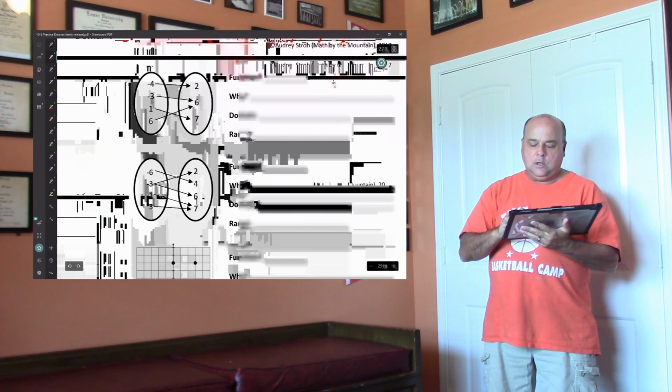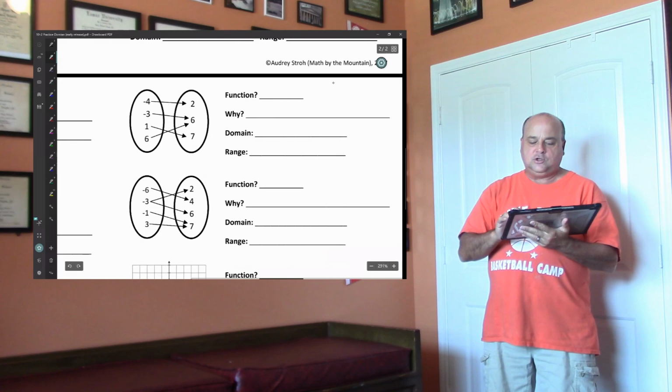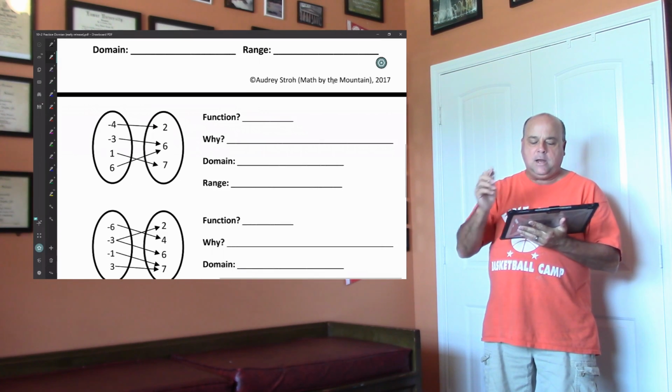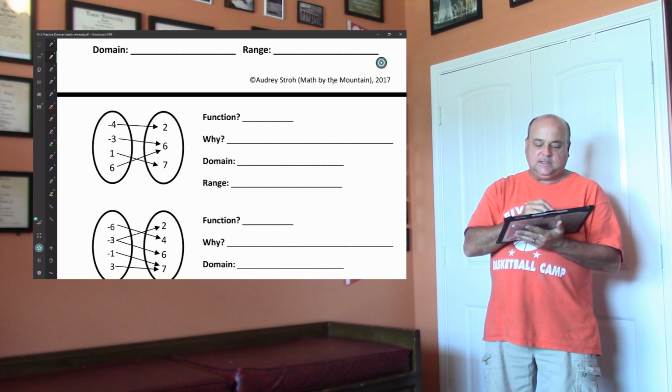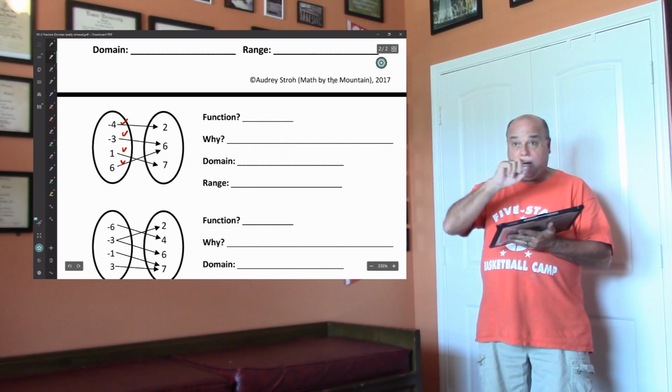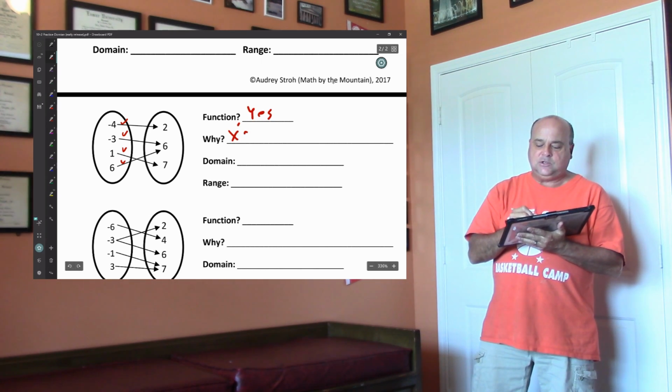I'm going to do, let's do one of these, and you can finish the rest up. Is this a function? This one is a function, right? Because each of these has one arrow going away from the domain. So this would be yes. Write down the x's do not repeat.